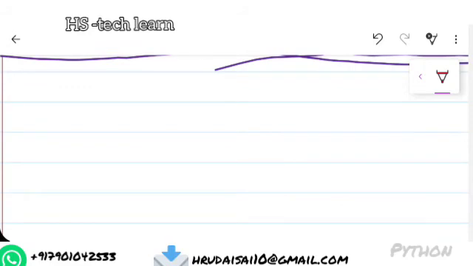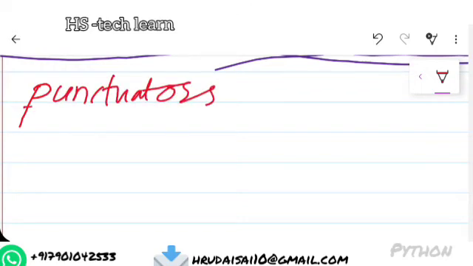Here we go with the last token in Python for us, that is punctuators. What are punctuators? Punctuators are nothing but symbols.